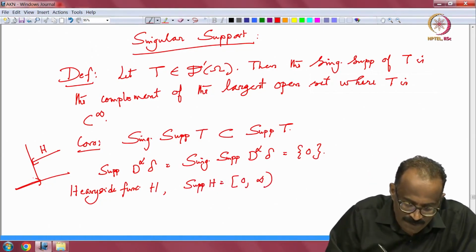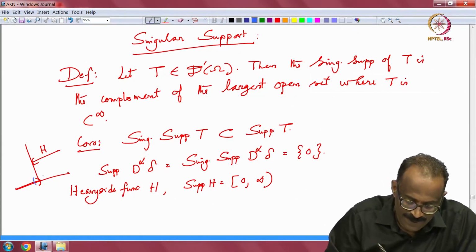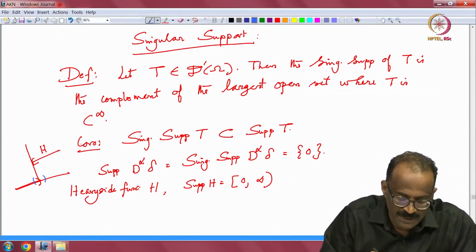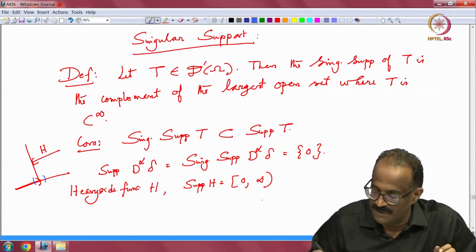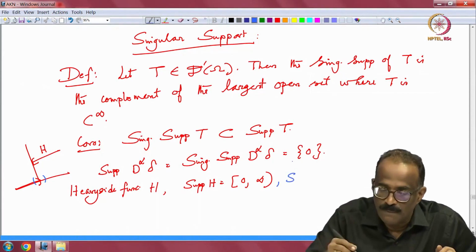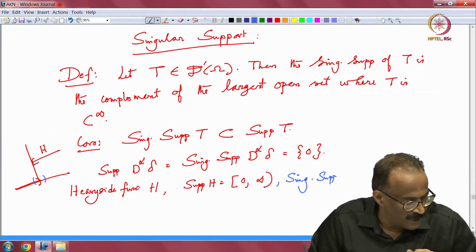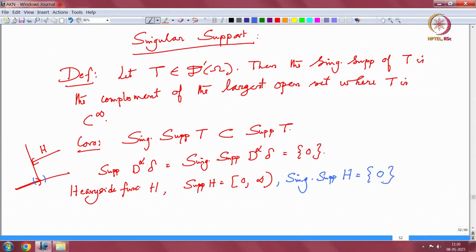But if you remove a neighborhood here, any neighborhood of 0, on all other places, each open set, H is C infinity. Of course this is disconnected, but you can say that in the union it is a C infinity function. But the singular support of H is equal to 0. You see the support and singular support are different. So you can calculate the singular supports.